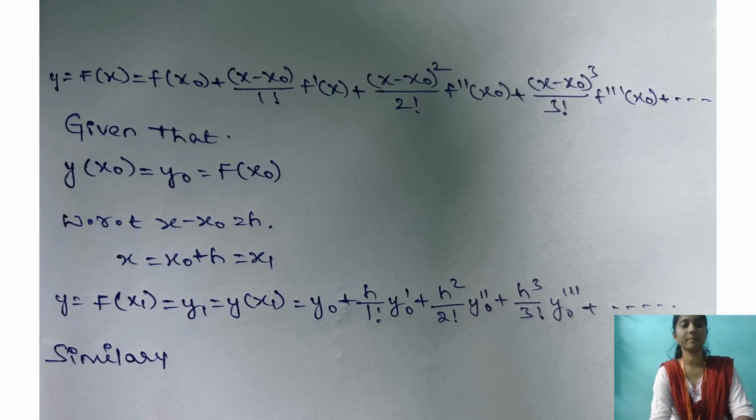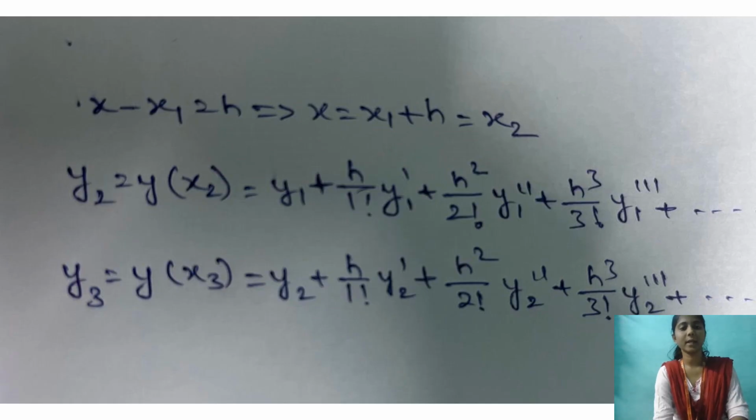Similarly, x minus x1 equals h, x equals x1 plus h equals x2, y2 equals y of x2 equals y1 plus h by 1 factorial y1 dash plus h square by 2 factorial y1 double dash plus h cube by 3 factorial y1 triple dash, plus y3 equals y of x3 equals y2 plus h by 1 factorial y2 dash plus h square by 2 factorial y2 double dash plus h cube by 3 factorial y2 triple dash plus.